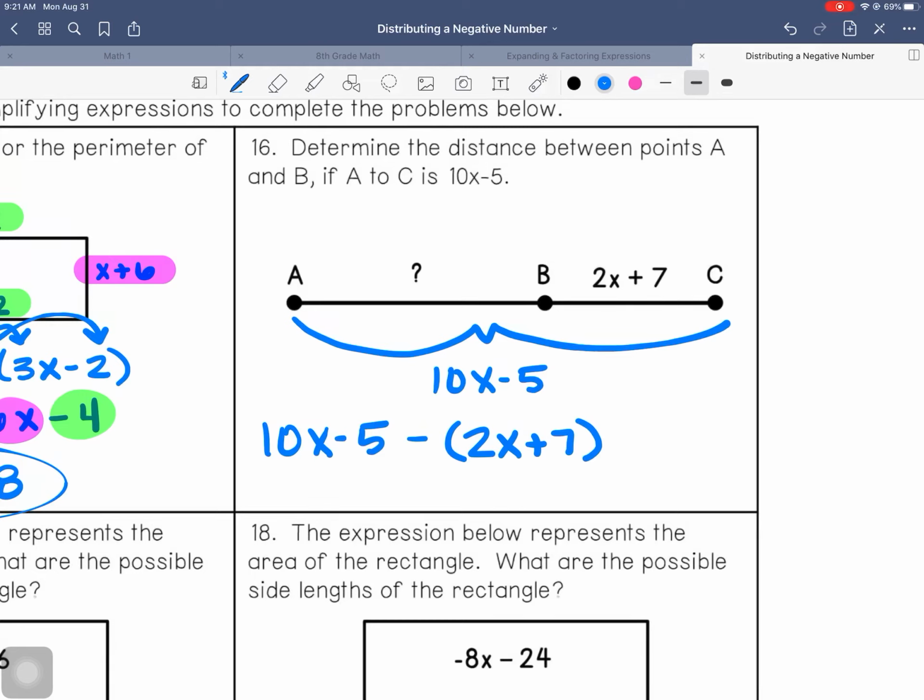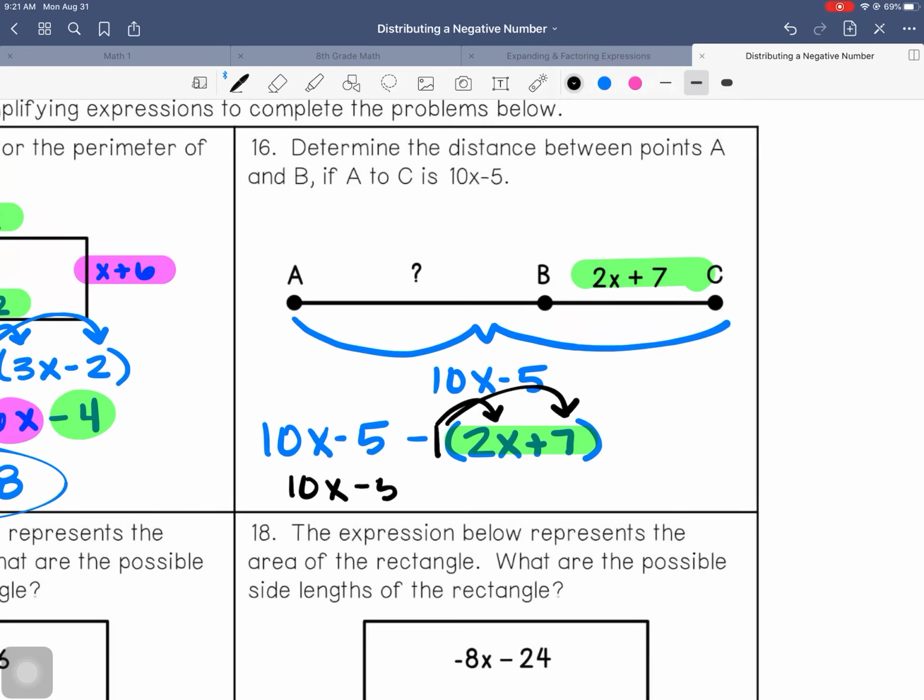So 10x minus 5 is our entire length of the line, minus 2x plus 7. Now, notice I put this in parentheses because we want to subtract this from the entire length. Before I start, I need to distribute this negative sign. I can put a 1 here because what you're doing is multiplying by negative 1.